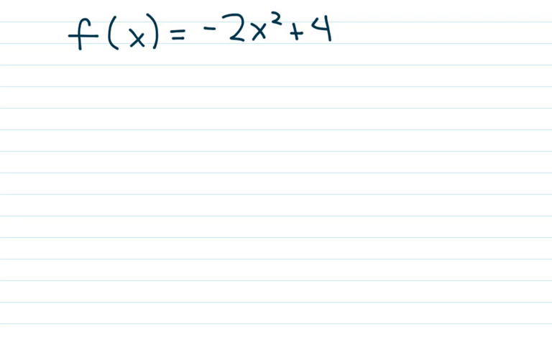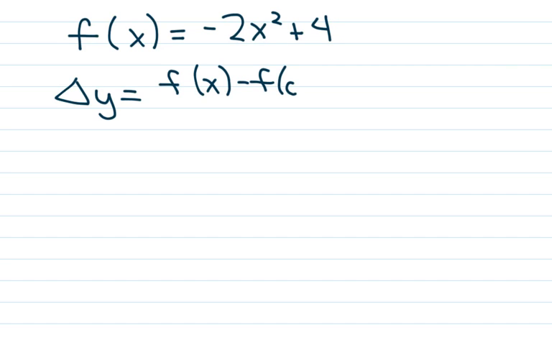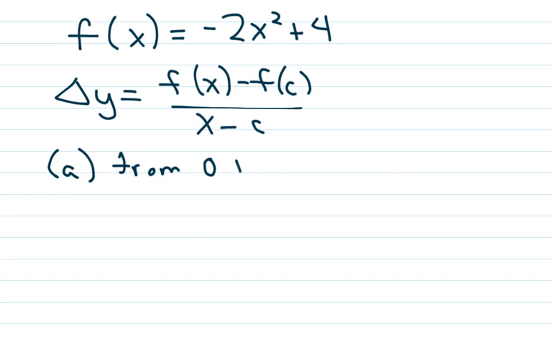Now, the equation that we have to use is change of y equals f of x minus f of c over x minus c. So basically they want to know the average rate of change from 0 to 2.